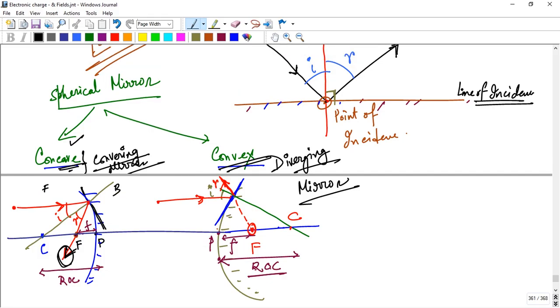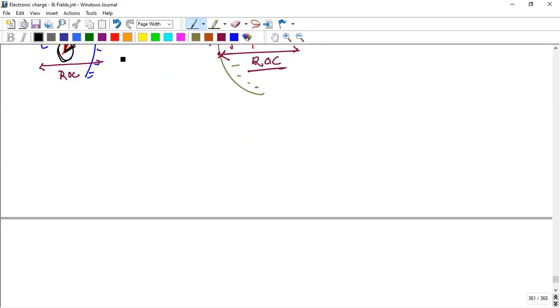Now another important concept is called sign convention. That's very important for solving a numerical. So, sign convention in spherical mirror.